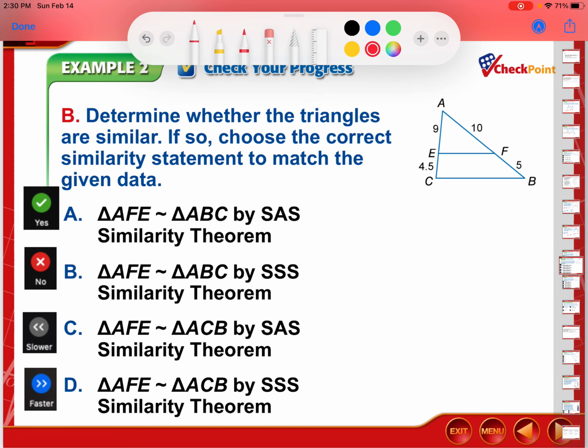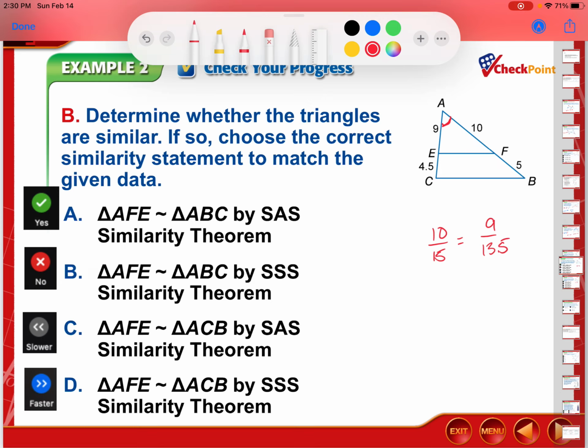Continuing on, 2 times 2 times 2. Lovely. So A is the same as A by reflexive property. 4.5. Ooh, tricky. They almost got me. But not today. So I have to determine whether 10 over 15 is proportional to 9 over 13.5.